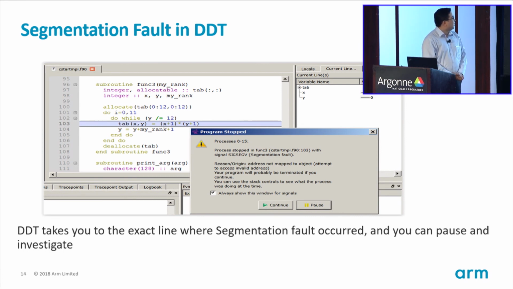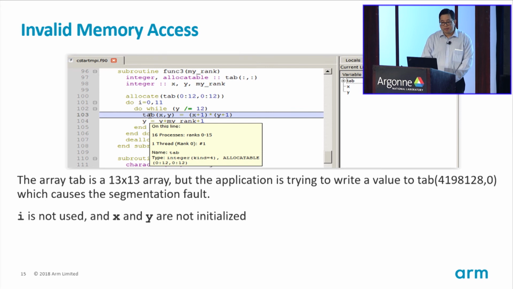In particular, we see that we're trying to access this array called tab, and we're trying to access indices x and y, where x is some really large number and y is 0. Okay. So as I said earlier, if you hover over tab within DDT, you get some really useful information.